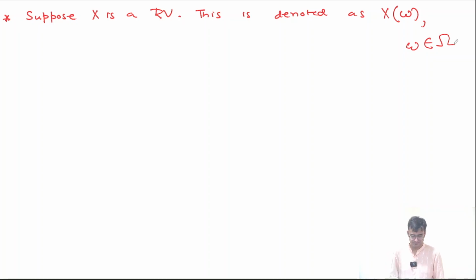Okay. Now, if this is a random variable, what I am going to start discussing today is the Gaussian process. One example of a random variable is the Gaussian distribution, right? We are going to discuss today about the Gaussian process.